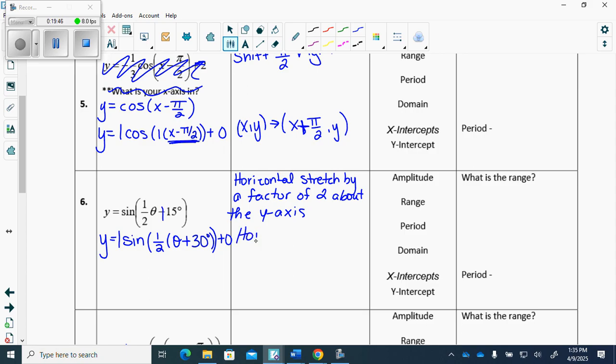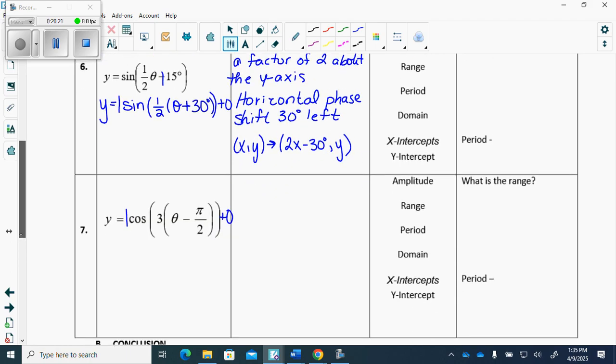So horizontal phase shift 30 degrees left. You don't have to write units because the unit is degrees. Some people write 30 degrees units. The unit is degrees. Okay? And then our mapping is x, y becomes, words and mapping are the same, so I have a 2x and then 30 left, so minus 30 degrees. Use the degree symbol, y.